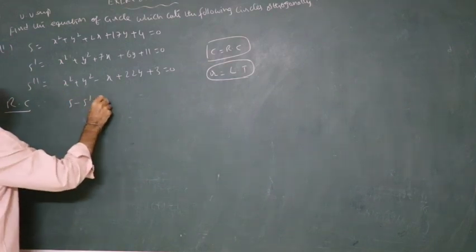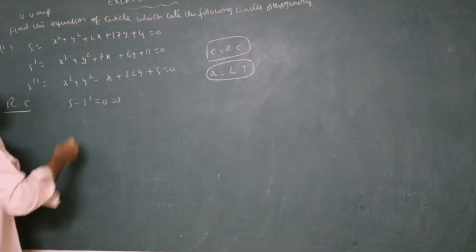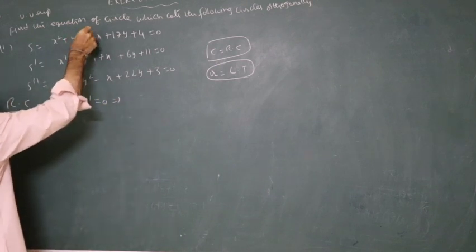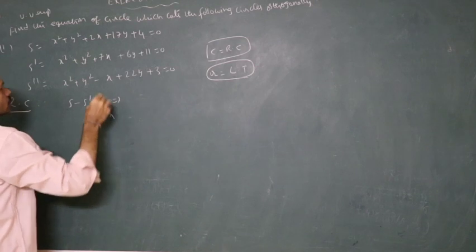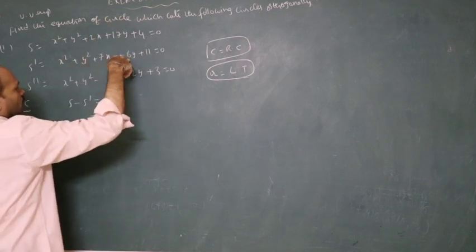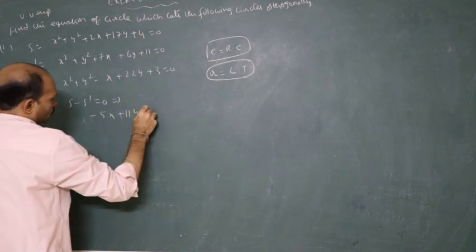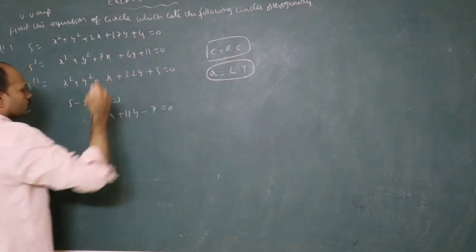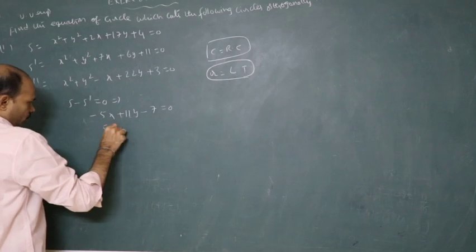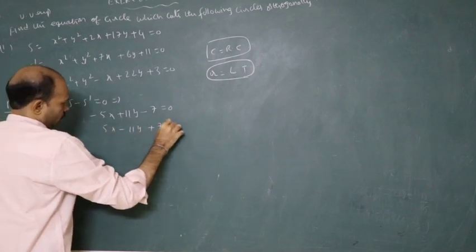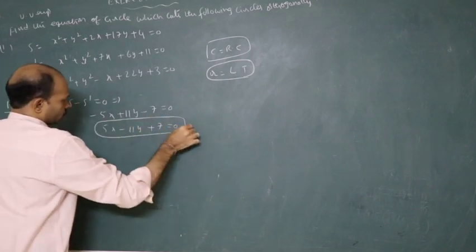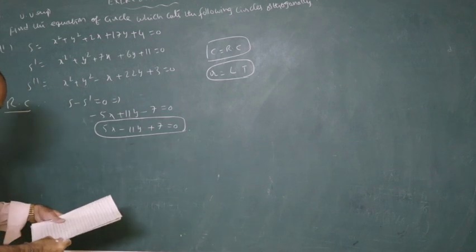Radical axis: S minus S dash. What is S minus S dash? 2x minus 7x, 17 minus 6, 4 minus 11. So this is 5x minus 11y plus 7 is equal to 0. That is one radical axis.